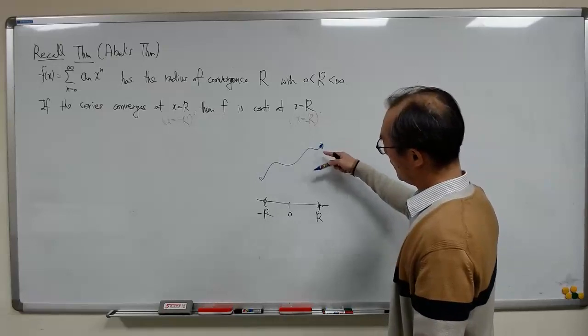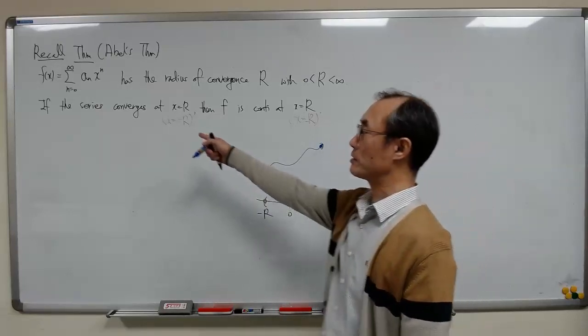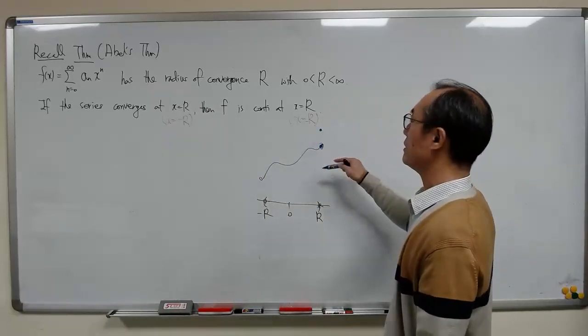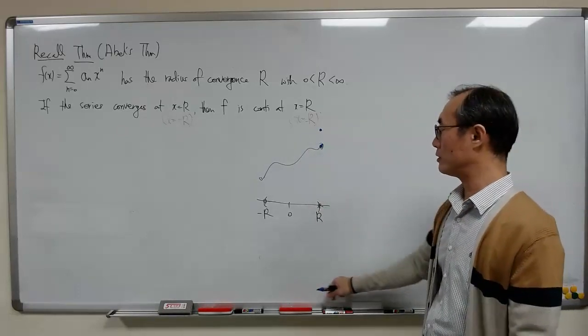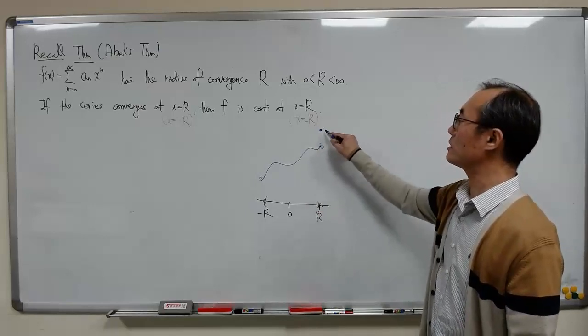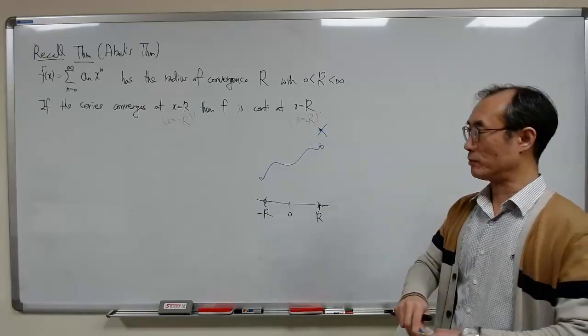The value at the boundary point, when the power series converges at the boundary point, cannot be somewhere away from the limit of the continuous function defined inside of the domain. So this kind of value cannot happen.